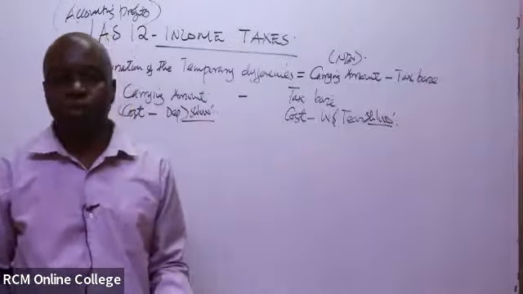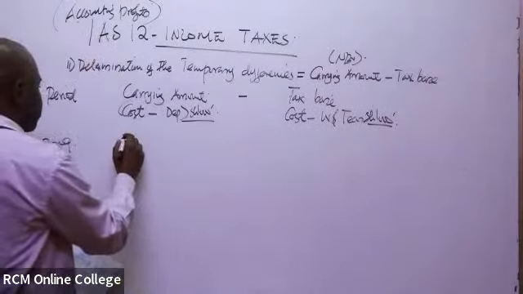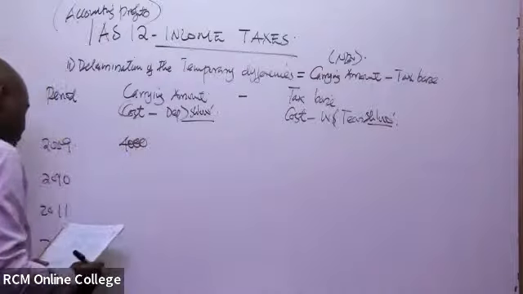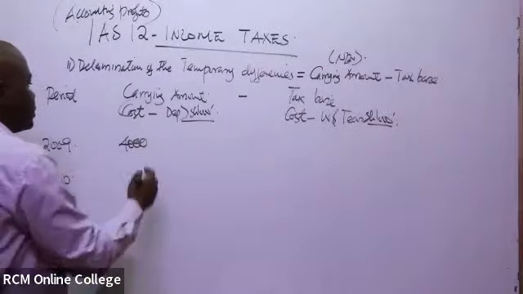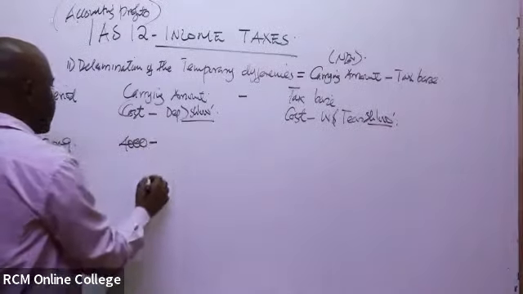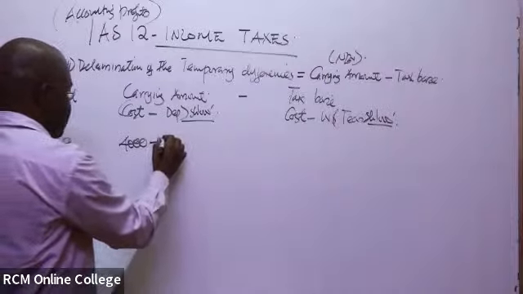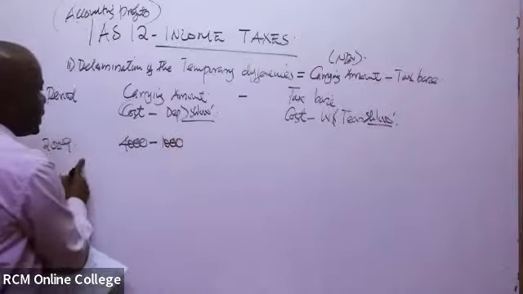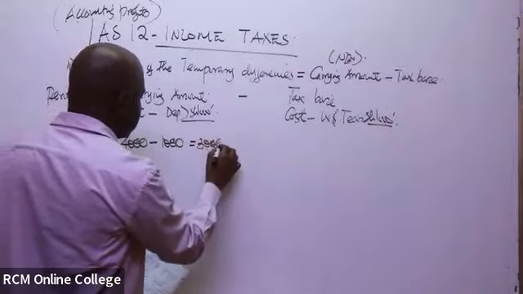In this case, it simply means that for the first year, 2009, the cost was 4 million. In that year we incurred a depreciation of 1 million. It means that by the end of the year 2009, our net book value was 3 million.